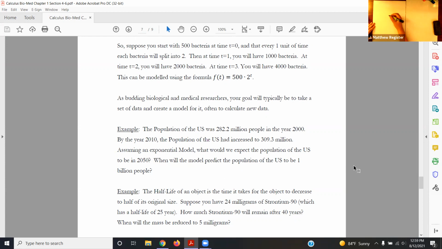In the year 2000, we have 282.2 million. In the year 2010, our population is 309.3.